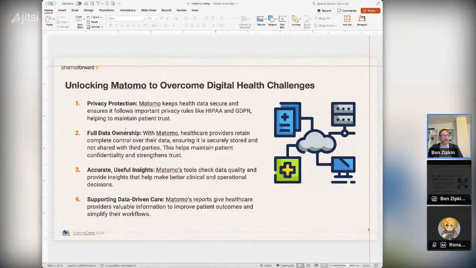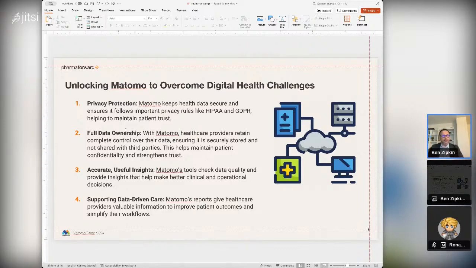People find Matomo very useful because we have a lot of controls over the privacy and compliance preferences, and we can control that on a website level. I'm going to talk a little bit about best practices for configuring healthcare websites in Matomo to make sure that they're highly compliant. The next piece is full data ownership.